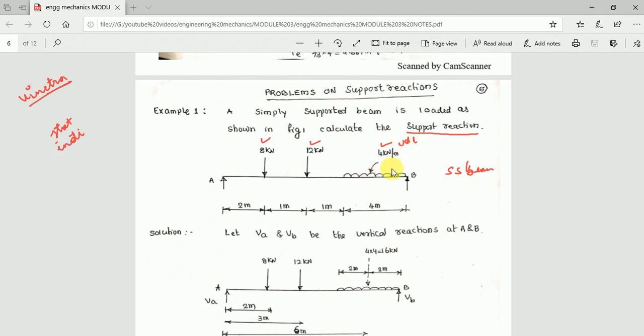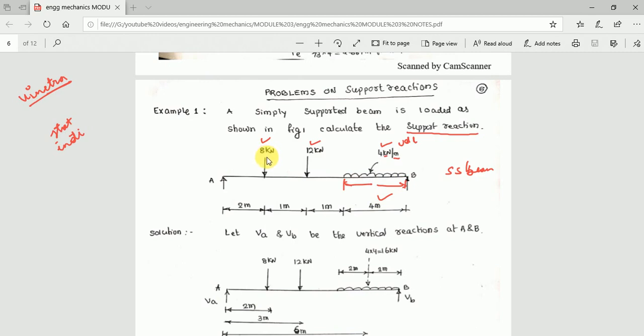So the UDL is of 4 kilonewton per meter. Usually a UDL is shown in units of kilonewton per meter. The UDL is acting for a length of 4 meters, and there is an 8 kilonewton concentrated load.